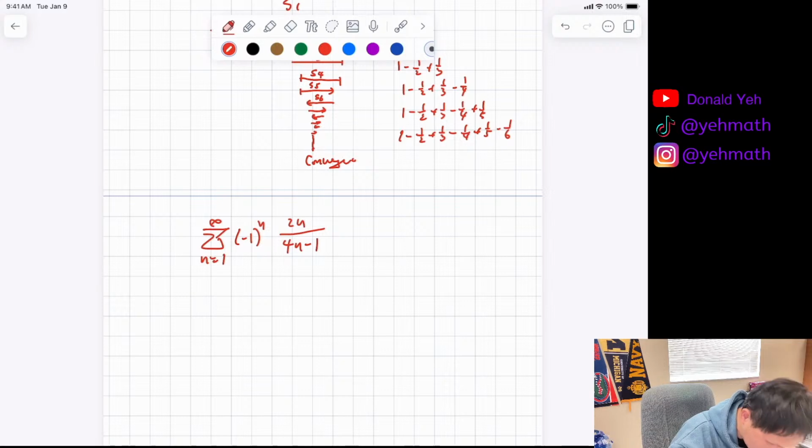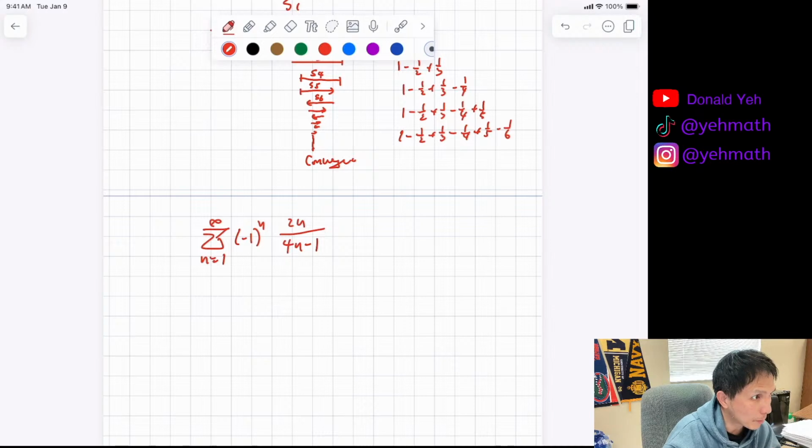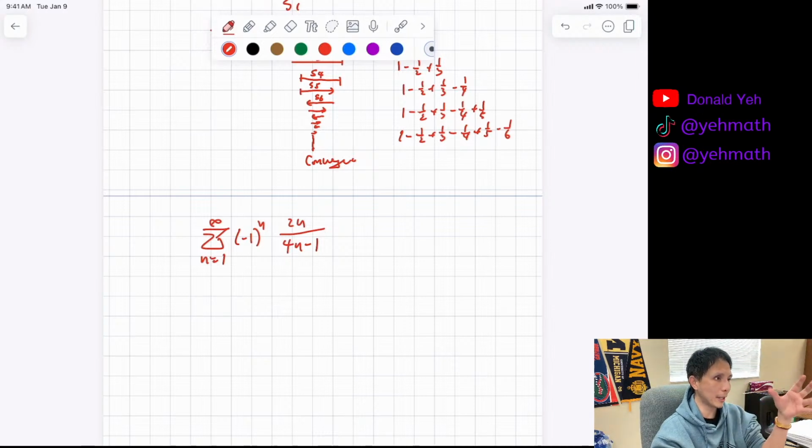Where do summations fit into real-world applications? For example, a ball that's bouncing, like dropping a basketball, and you want to find the total distance the ball travels.